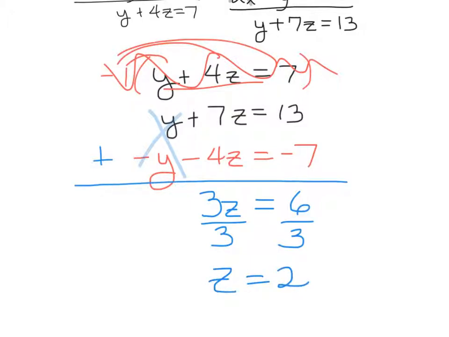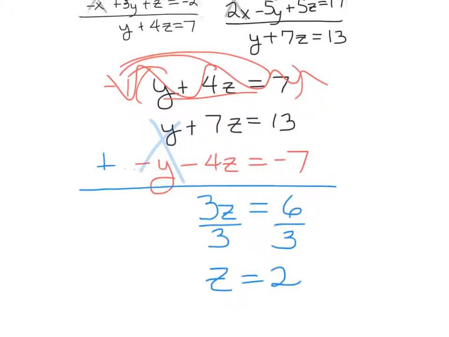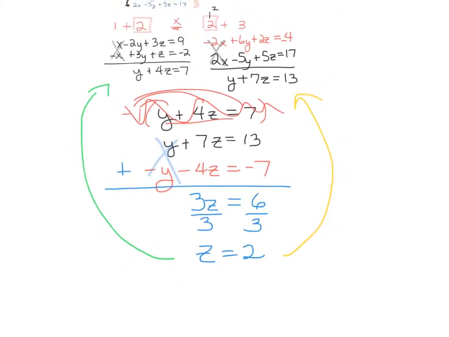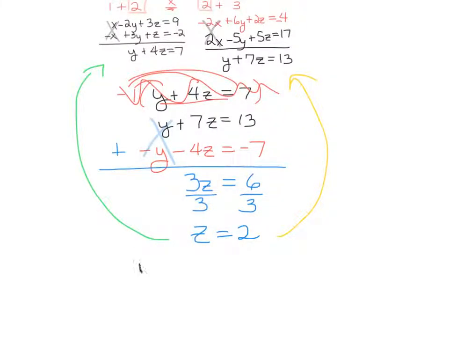Now that you have the first piece of your ordered triple, we're going to go back up, and we're going to plug it in to either the green side or the yellow side. It doesn't matter which. I'm going with the green. It looks like it might be simpler. Again, it doesn't matter.